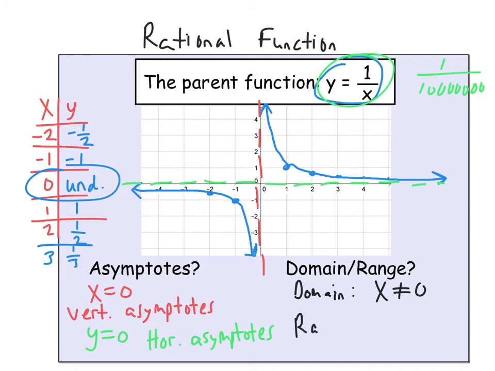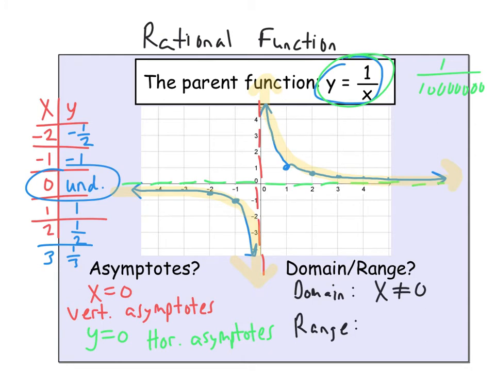Now the range, which y values would this go through, I should say. Okay, the y values, let me highlight a little bit. The y values here tend to get closer and closer to 0 and then go up to infinity. Here they're close to 0 and they're going down towards negative infinity.